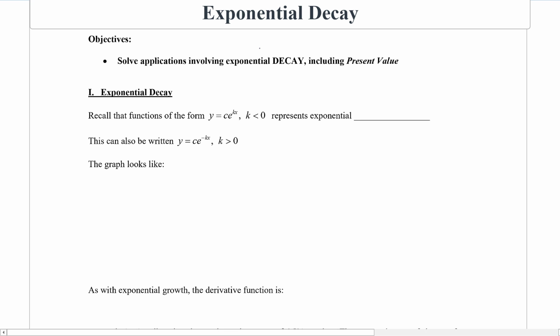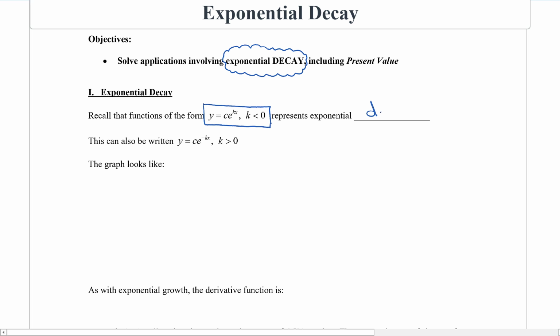Exponential decay. Recall that functions of the form y equals ce raised to the kx power, where k is less than 0, represent exponential decay. I have drawn a cloud around the words exponential decay. I have boxed in the equation y equals ce raised to the kx power, where k is less than 0.